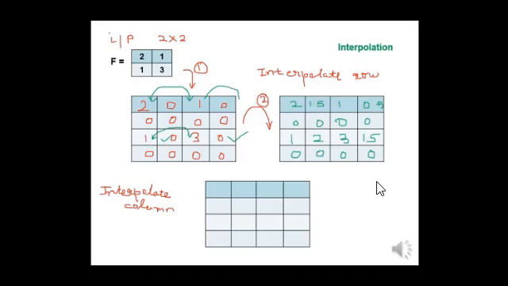So write the first row as it is, that is 2, 1.5, 1, 0.5. Add 2 plus 1, it will be 3, and 3 divided by 2 is 1.5. So in the second row we will write 1.5 here.